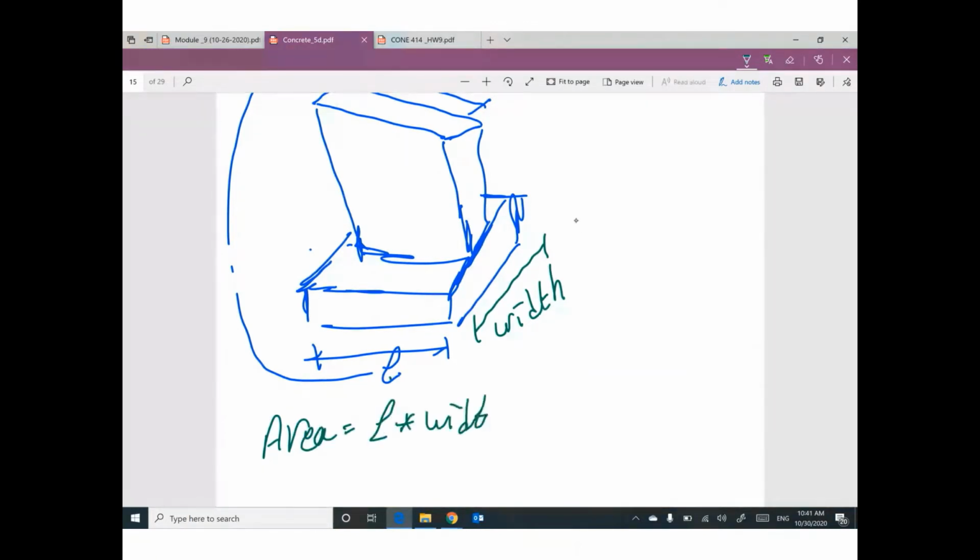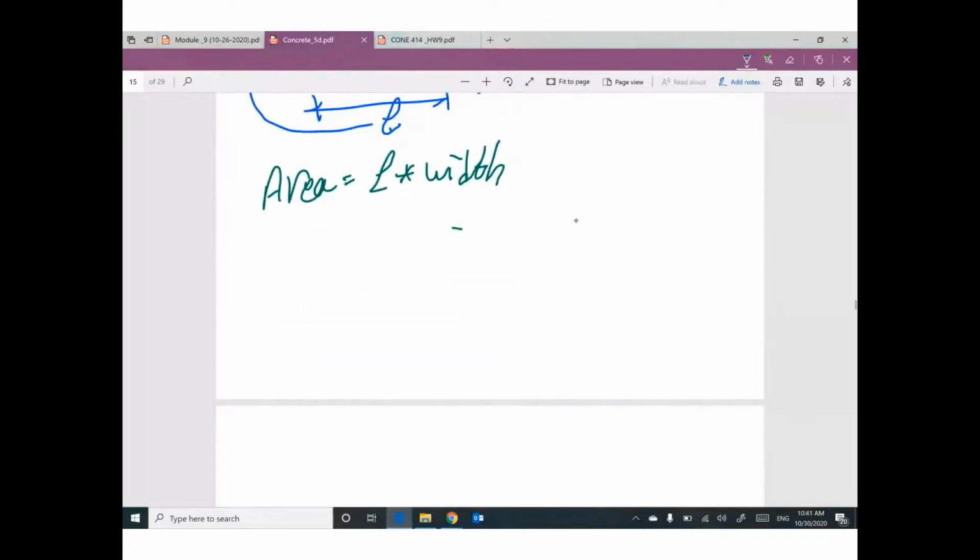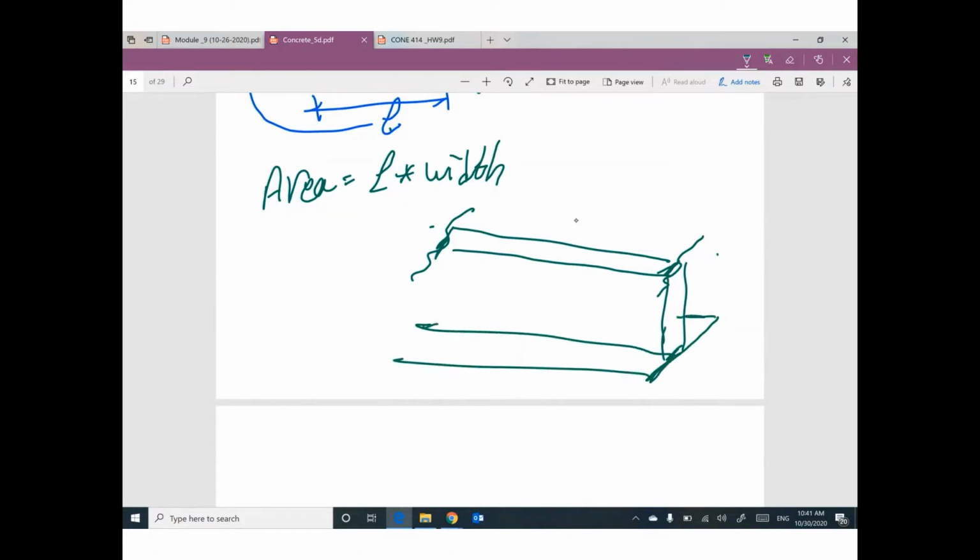That's fine. Second case, we have a wall with infinite length. I cannot know where it starts and where it ends. So in this case, we are designing a footing based on unit length.